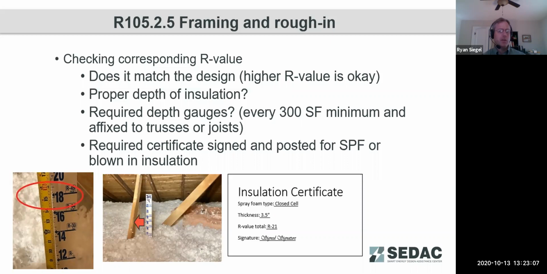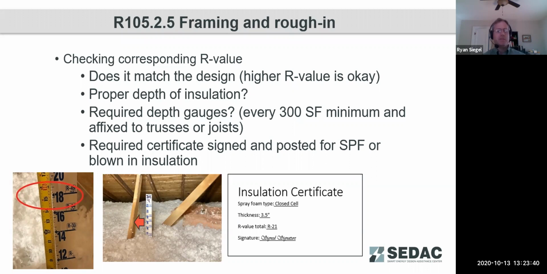This can be particularly problematic here in the picture on the left, showing where this depth gauge was improperly installed and was allowed to sag, such that the insulation depth marker indicates 18 inches off the bottom reference, whereas a tape measure found that mark is actually only 15.5 inches off the bottom.